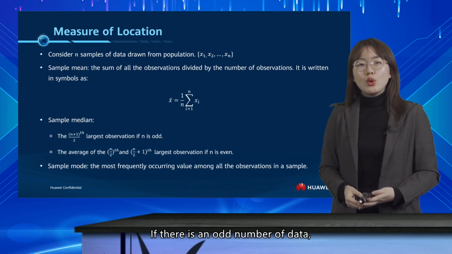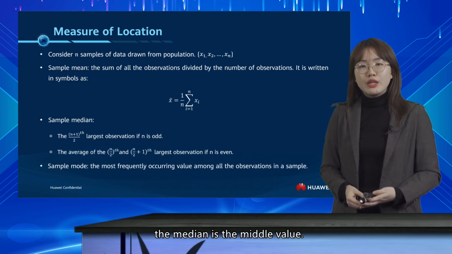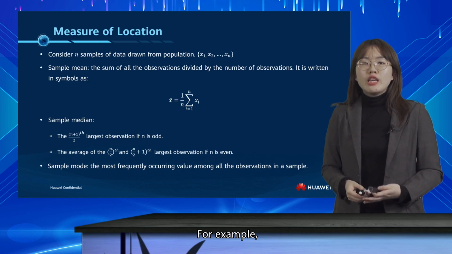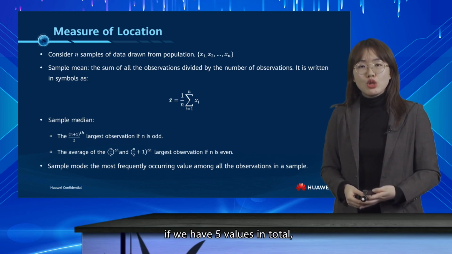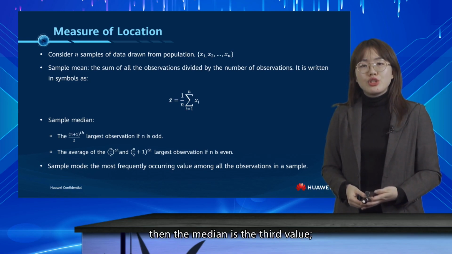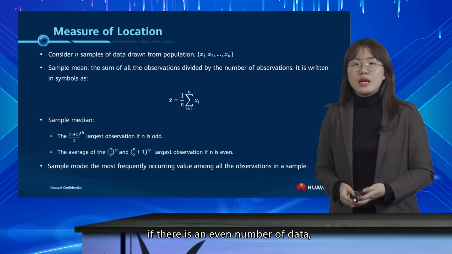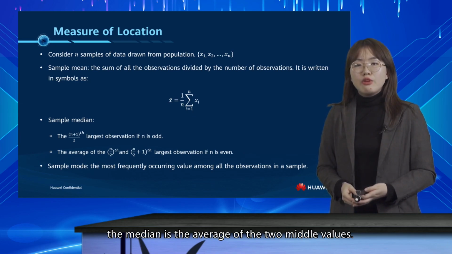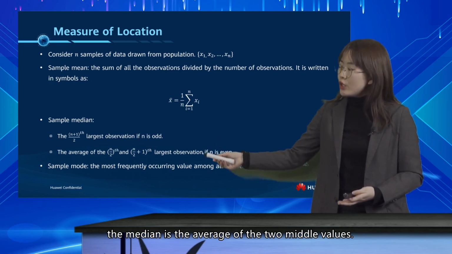If there is an odd number of data, the median is the middle value. For example, if we have 5 values in total, then the median is the third value. If there is an even number of data, the median is the average of the 2 middle values.